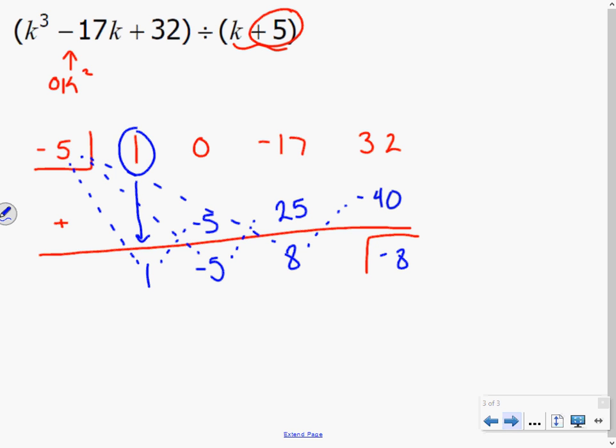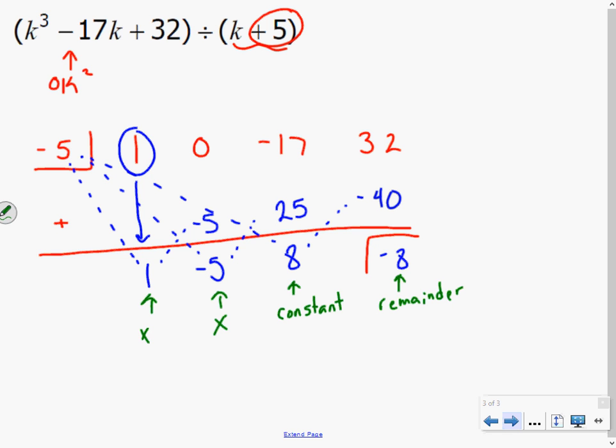I just need to interpret my answer, okay? Actually write out what my quotient is. So remember, this number here is going to be our remainder. This number is our constant. This number is going to be the coefficient of x, and then we have one more column that we didn't have.